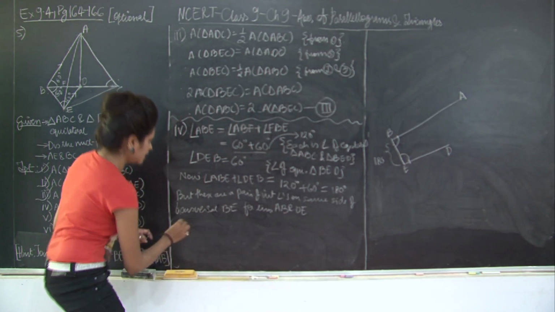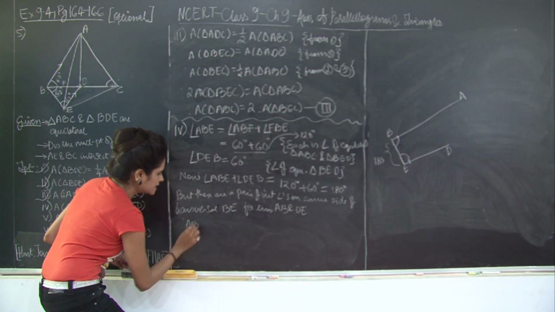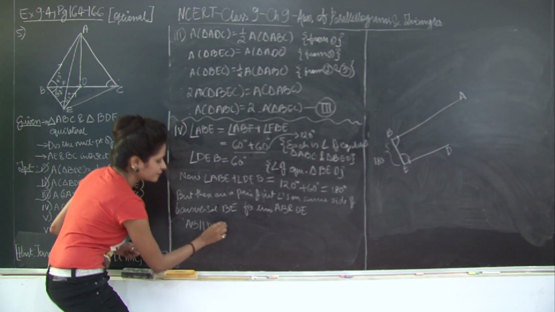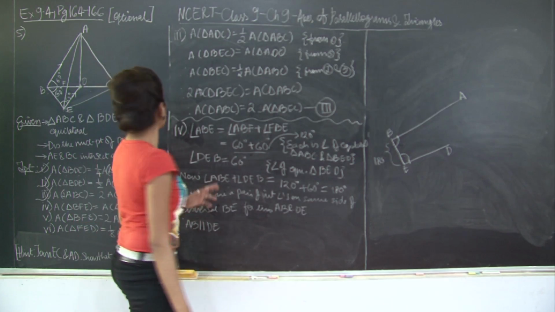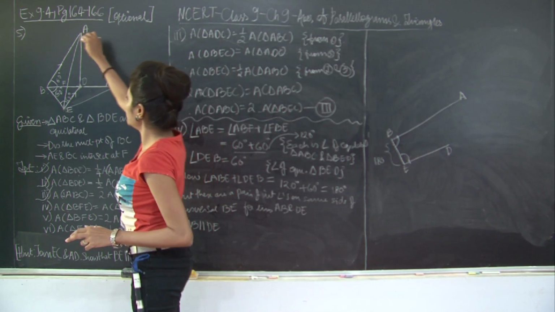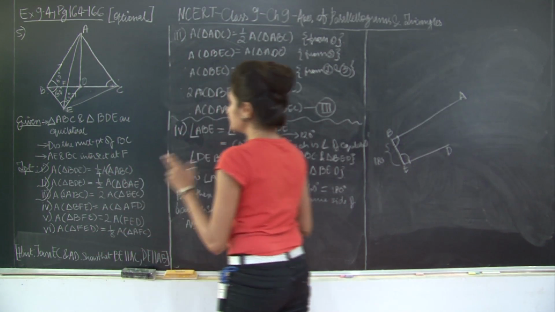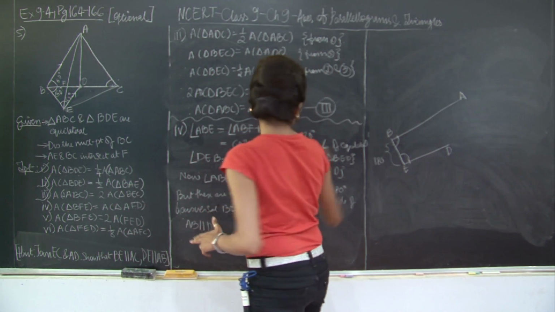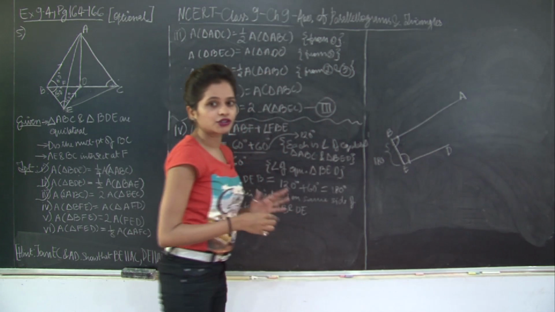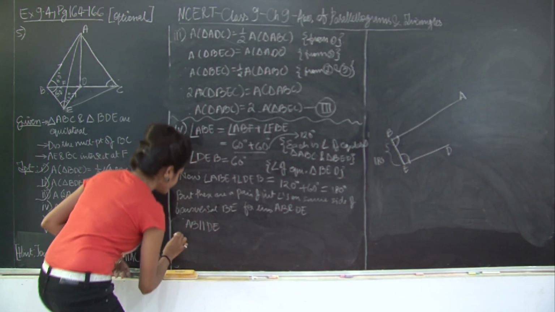Therefore, what can we say? Therefore, AB is parallel to DE. Okay. So, now what do we have? We have triangle ADE and triangle BDE sharing the common base DE and between common parallels AB and DE. Therefore, the two triangles are equal in area.